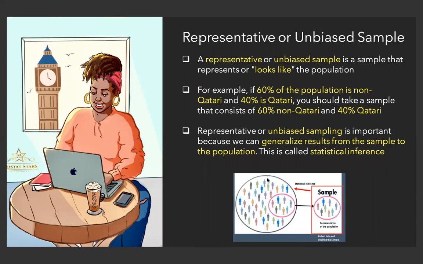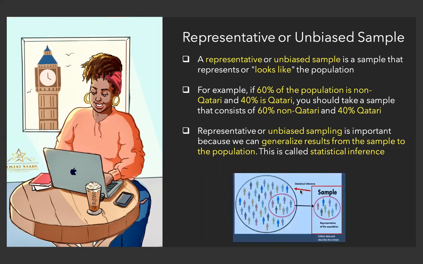When we talked about the population and the sample, we spent some time talking about a representative sample. Remember, this is just a sample that looks like our population. And remember why this is important: we need to make statistical inference, or generalize our findings from the sample back to the population.